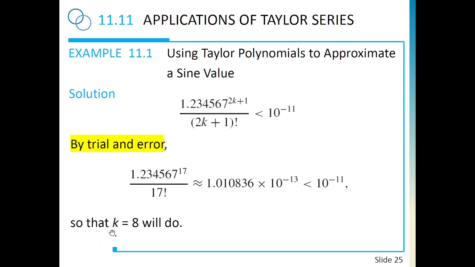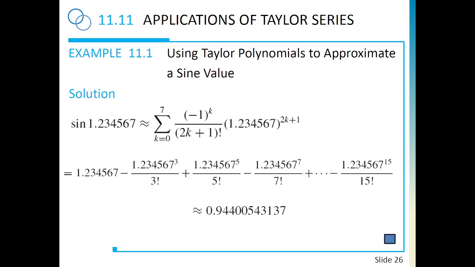After some work, we found that k equal 8 will work just fine. k equals 7 would not. So our best value for k is 8. If I plug in k equal 8, my error will be smaller than this.